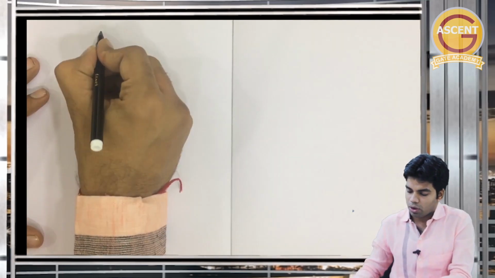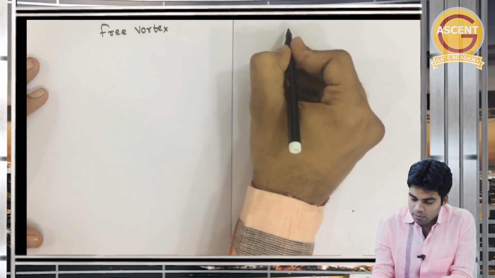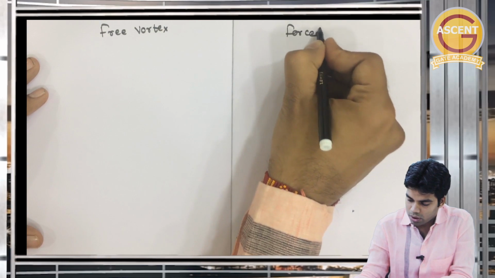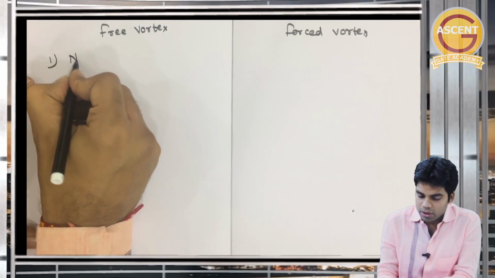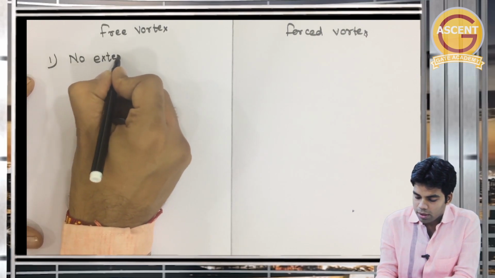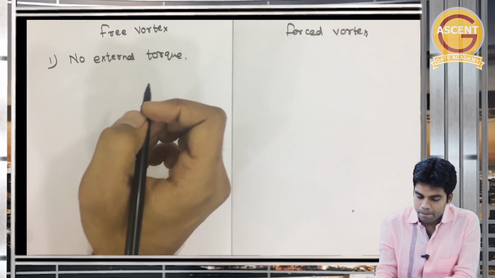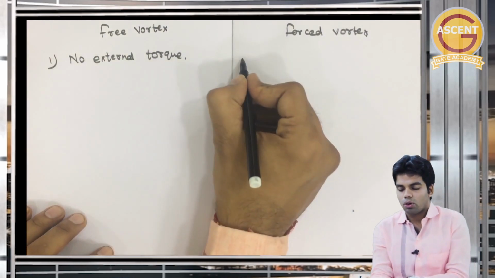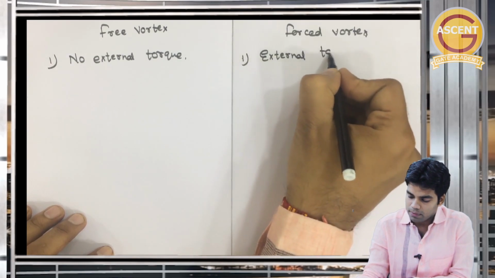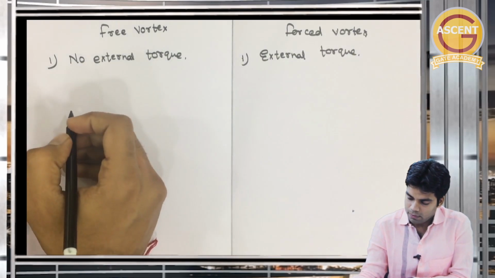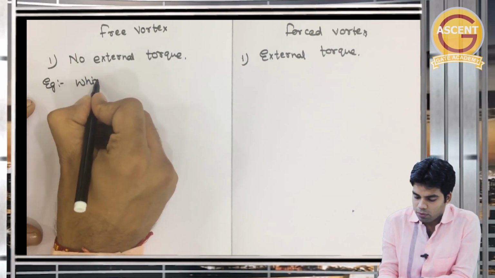So for this free vortex, we will draw the column, and this is forced vortex. Very first thing, there is no external torque in the free vortex, and there is external torque in the forced vortex. An example of the free vortex is the whirlpool of a river.